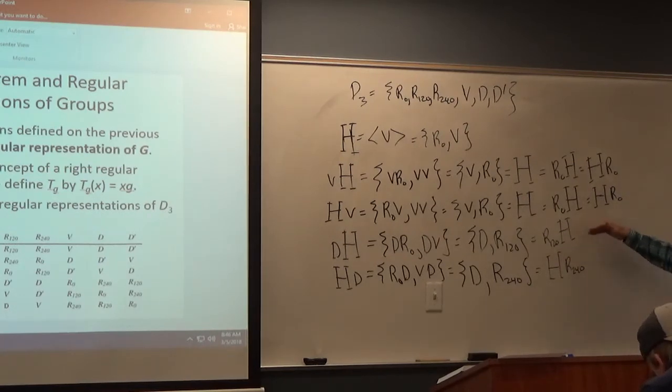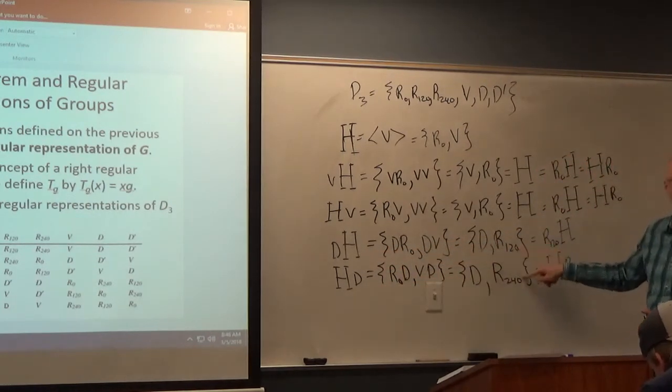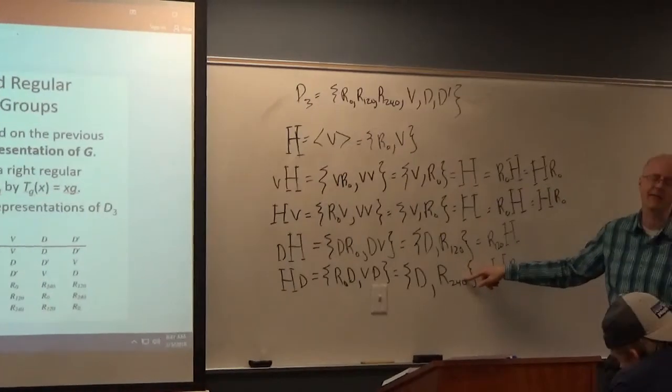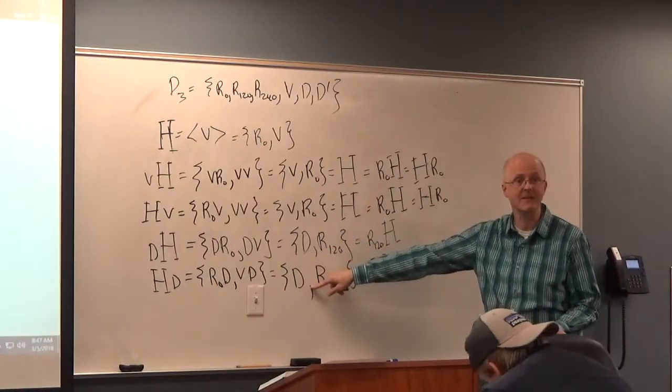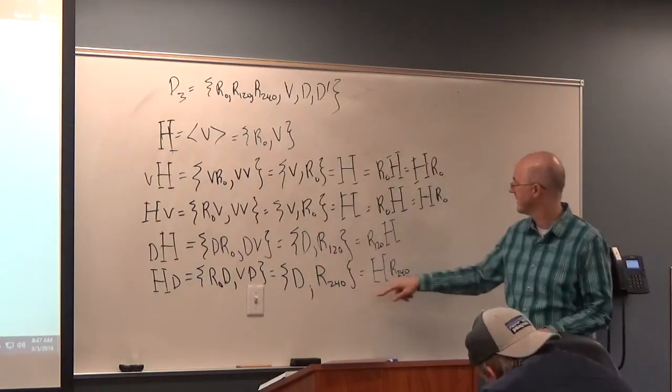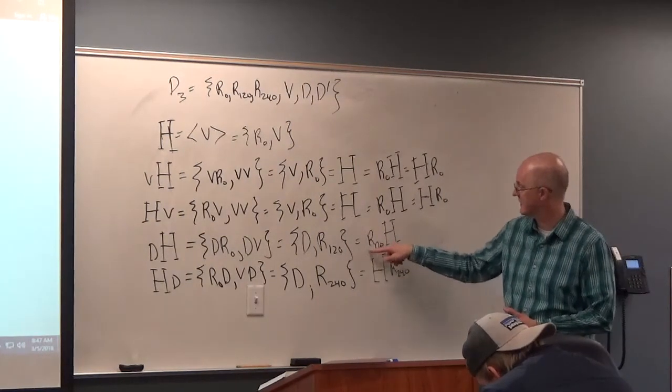But notice DH in this case does not equal HD. These are two different sets here. They have the same size, the same cardinality, but they are different sets. But they both contain D. As a left coset, this one also contains R120.